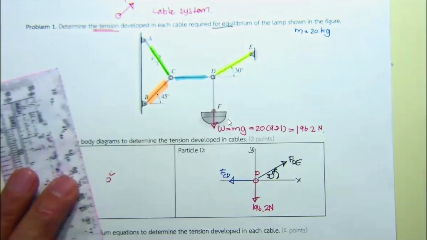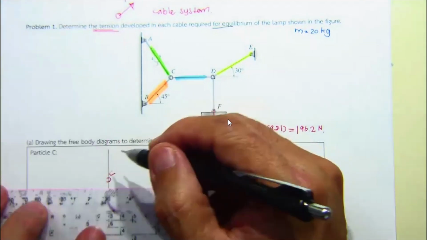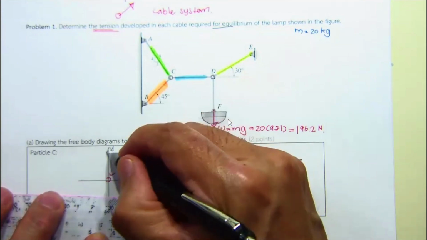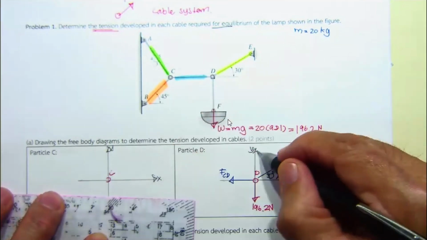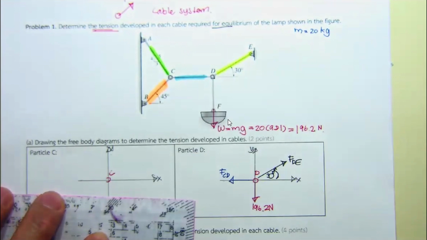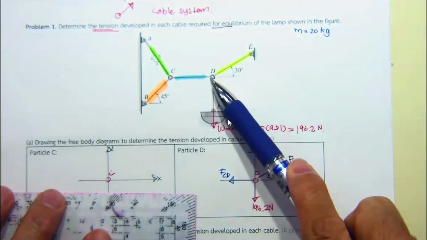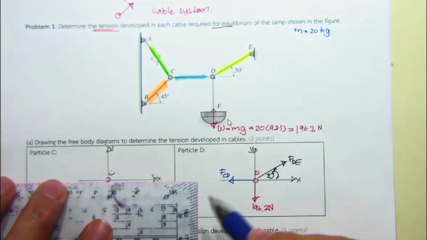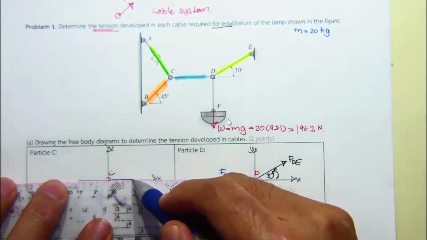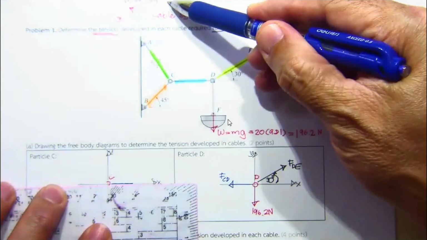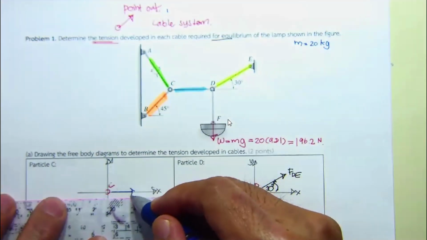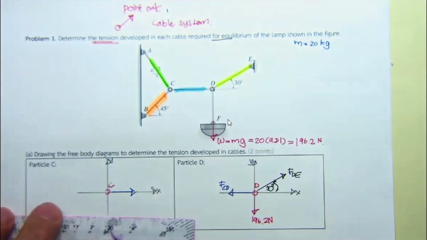Then you put the reference axes X and Y again. The cable in series is in tension, so the force at point C must also point out, in this direction, with the same magnitude and opposite direction.